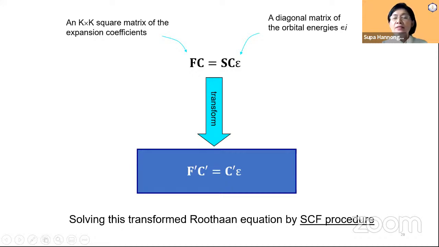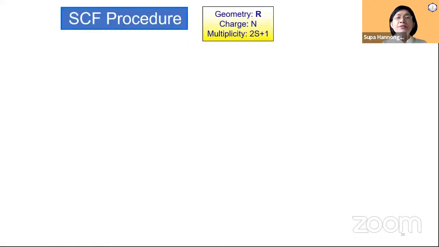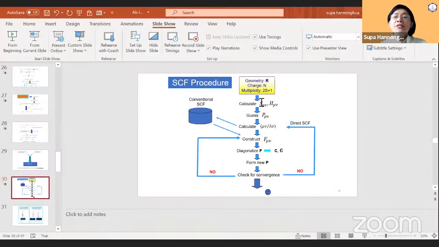We transform the Roothaan equation by applying the self-consistent field procedure. Okay, the self-consistent field procedure, what does it mean? We consider a starting geometry, represented by the coordinates, and the charge, the number of electrons, and the multiplicity of the system, for example.